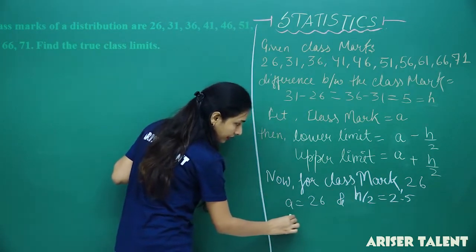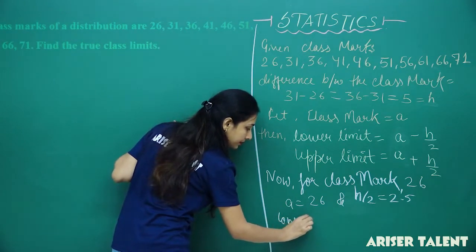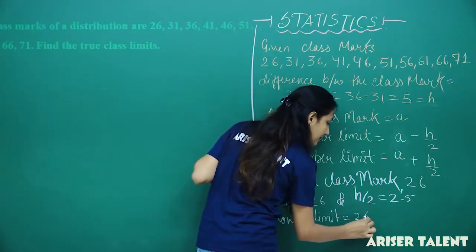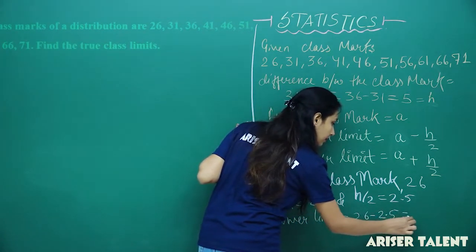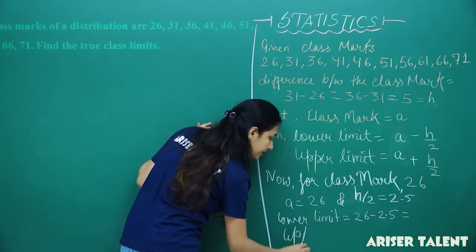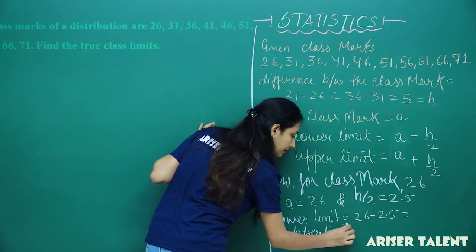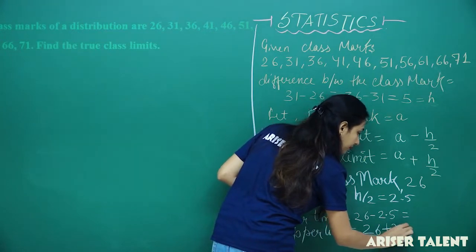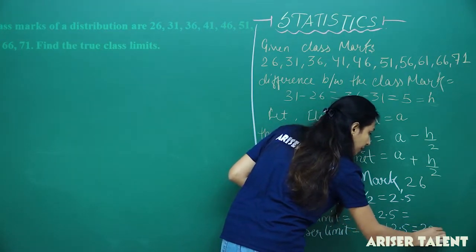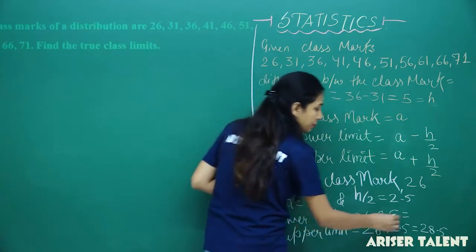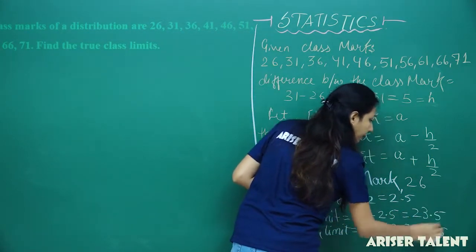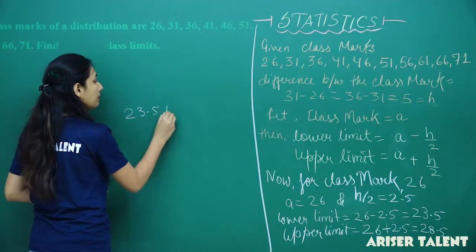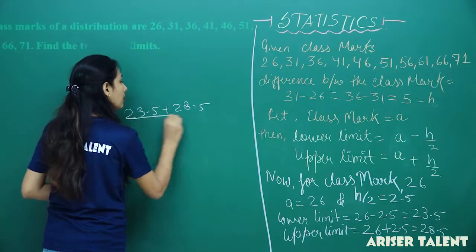Then the lower limit will be 26 minus 2.5, and the upper limit will be 26 plus 2.5. That will be 23.5 and 28.5.